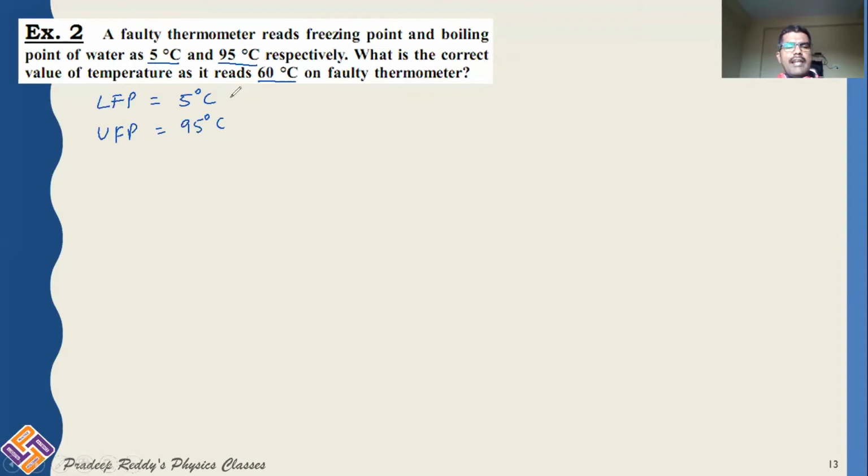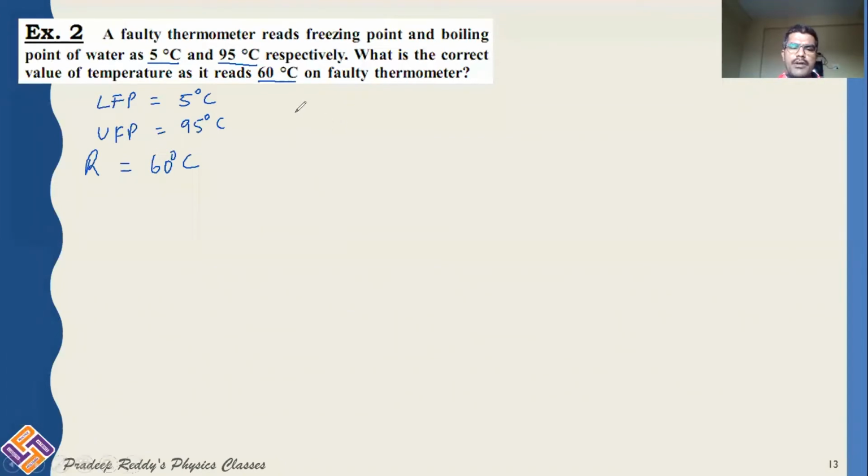So what is the correct value of temperature? You are supposed to find the correct value of the temperature if it reads 60 degrees on the faulty thermometer. The reading on the faulty thermometer is given as 60 degrees Celsius. We have a relation between different scales, so you can convert this Celsius scale into the faulty thermometric scale.